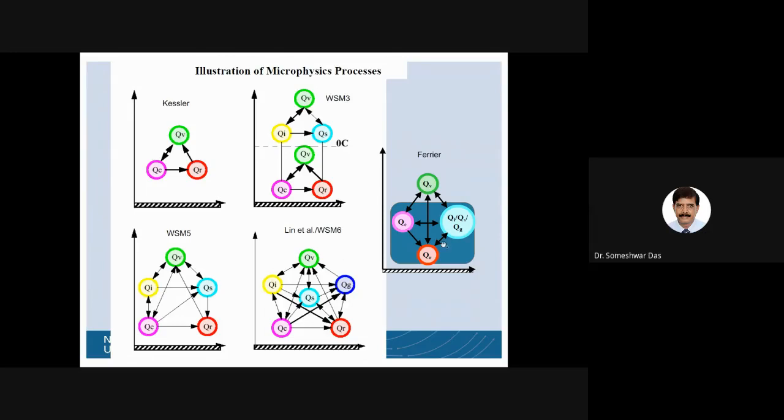In the Fourier scheme, you have some more interactions: ice, snow, and graupel. So depending upon the complexity and how much computing power you have, you can accordingly use different cloud microphysics schemes. Okay, and they are illustrated here, and how they interact with each other.